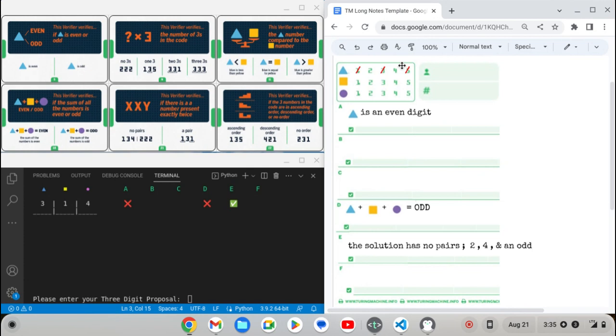And maybe there's a 3 or not. Yeah, I don't quite see where that odd should go. How can we figure that out?